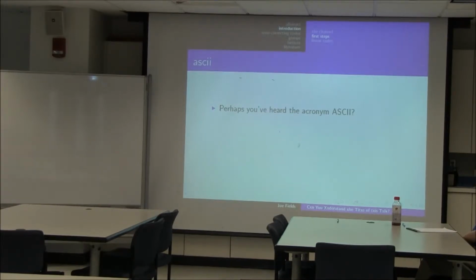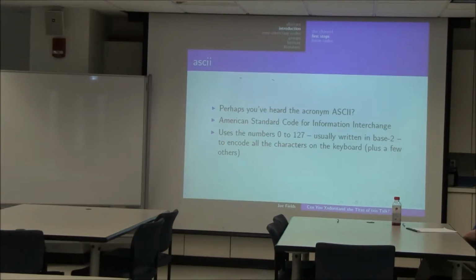So where did all this get started? People have heard of ASCII, I assume. When somebody talks about a text file, they mean it's ASCII data in the file. That's pretty old. It stands for American Standard Code for Information Interchange. And it uses the numbers from 0 to 127 written in base 2.